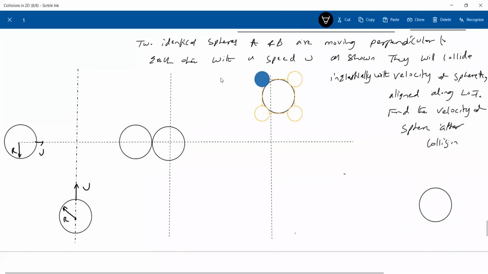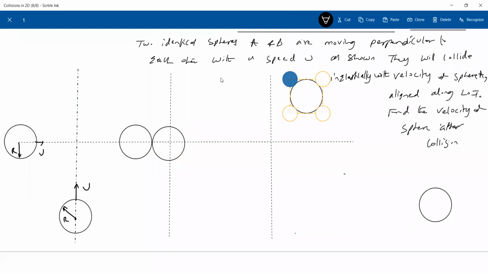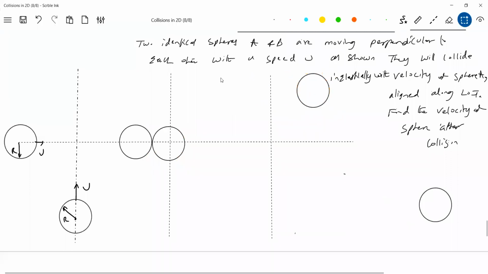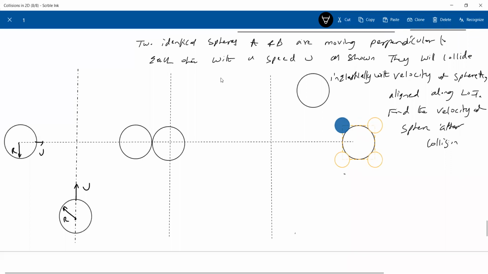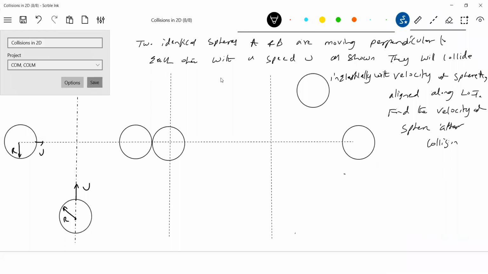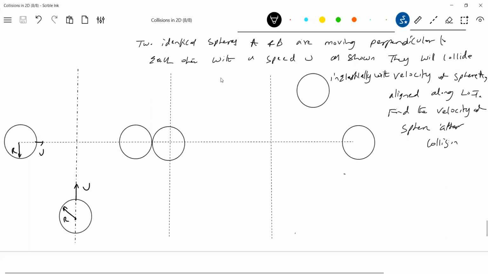You think on the problem. Meanwhile, I'll finish off this. Now I'm giving the situation of like this here. After collision, this is what happens.